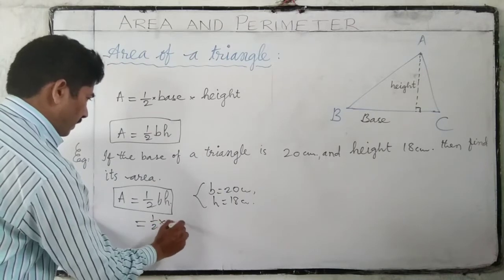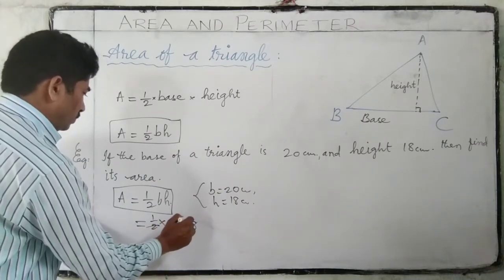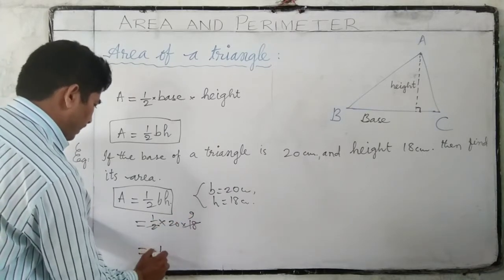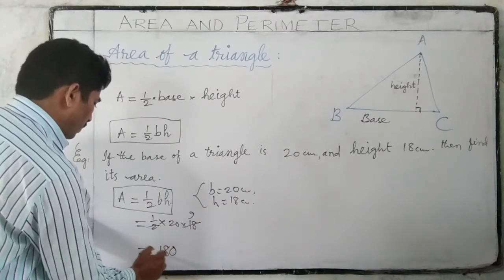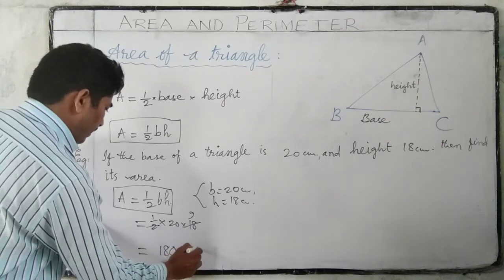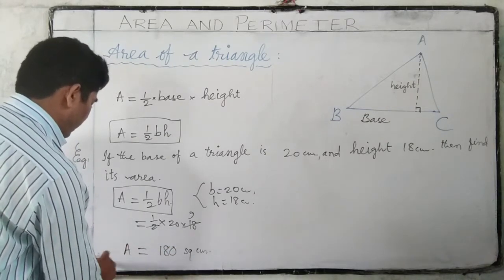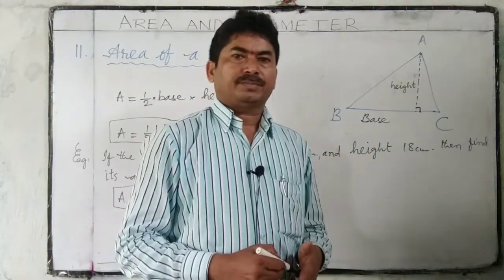Half into 20 into 18. 2 ones are 2, 2 nines are 18, 0. 180 square centimeters. This is the area of the triangle with the given measurements.